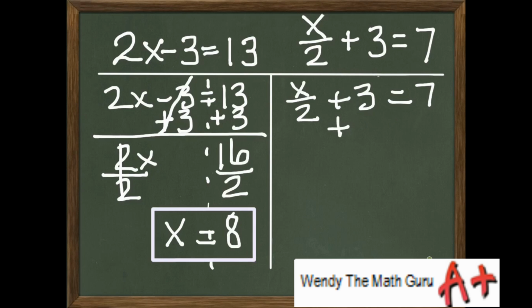You could also use the subtraction property of equality and look at this as subtracting 3 on both sides of the equation. So you're using the subtraction property of equality, but you're still creating an additive inverse situation where plus 3 minus 3 is 0.